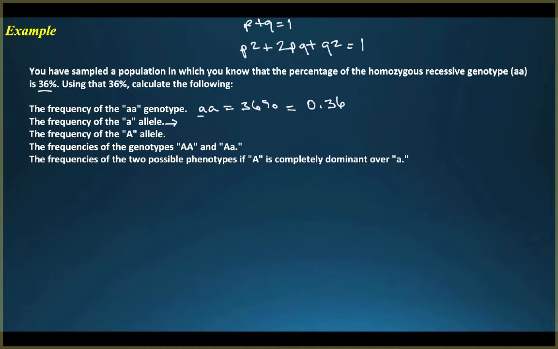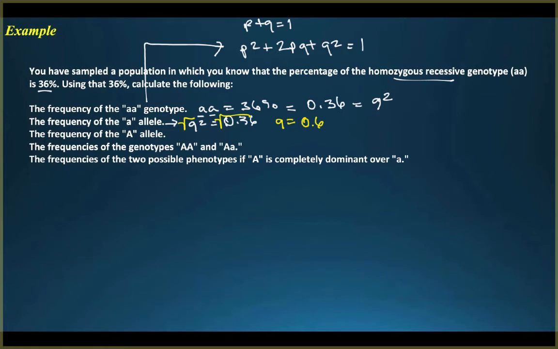Well, here we have two a's, so how do we get the two a's? Well, if you remember the aa, we need to look at these equations and say which one do we recognize this as? And this is the same as the Q squared because it's the homozygous recessive, right? So here you would do Q squared equals 0.36. And then all you would do is, because you have the Q squared, you want to find Q, so you take the square root of both sides, which then would leave you with Q equals 0.6.